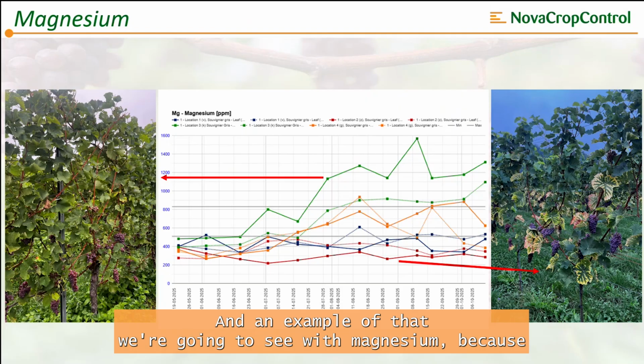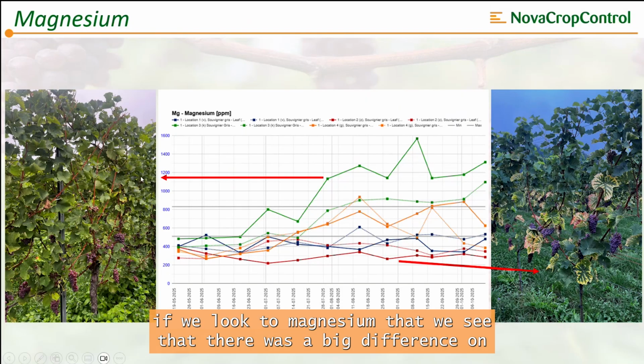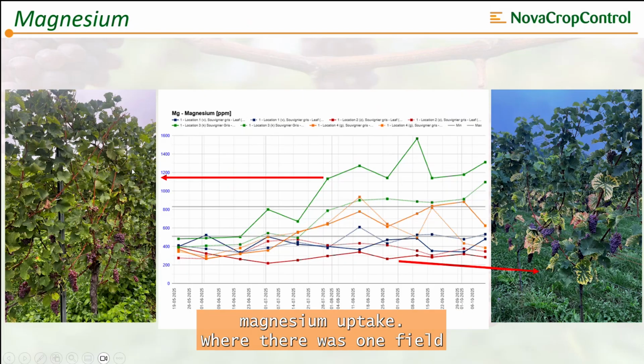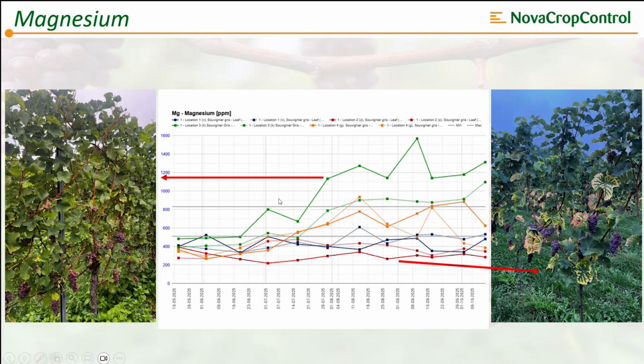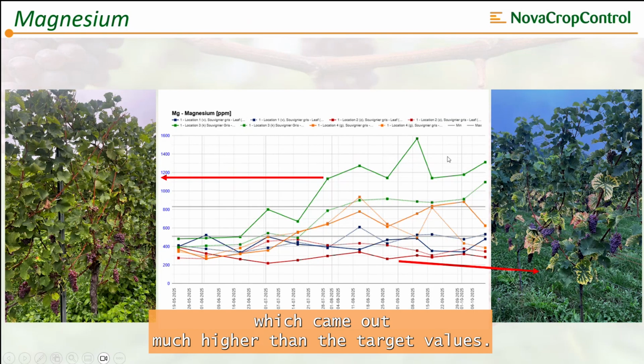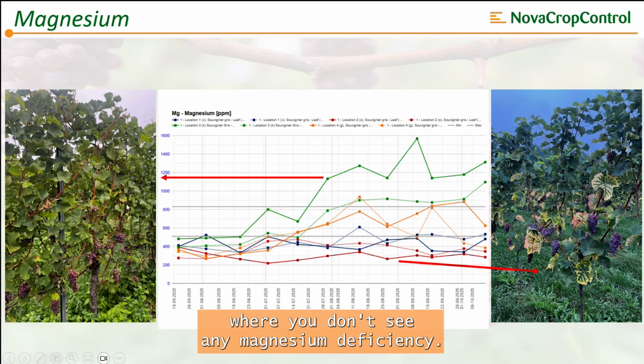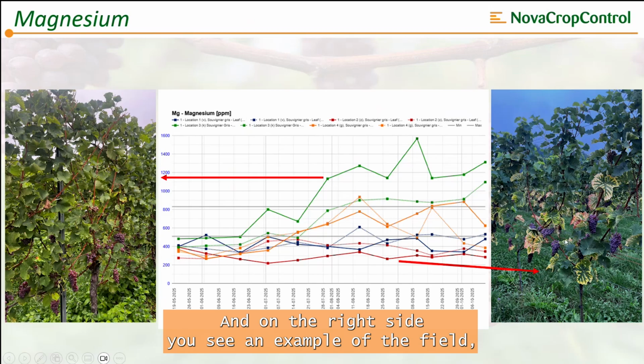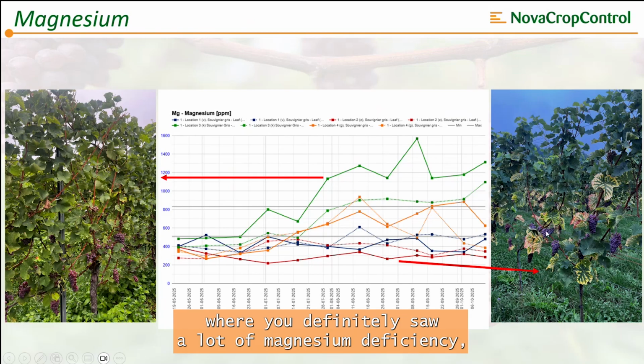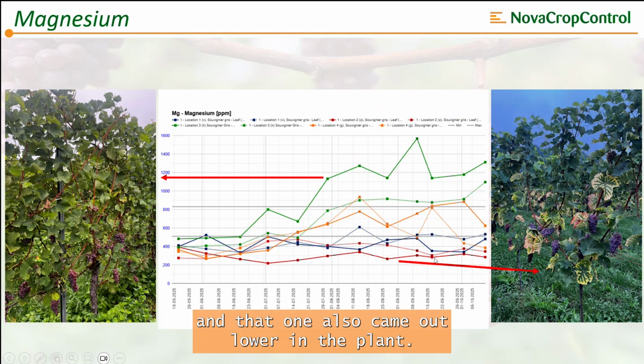An example of that we're going to see with magnesium, because if we look at magnesium, we see that there was a big difference in magnesium uptake, where one field came out much higher than the target values. You see a picture on the left side where you don't see any magnesium deficiency, and on the right side an example of a field where you definitely saw a lot of magnesium deficiency, and that one also came out lower in the plant.